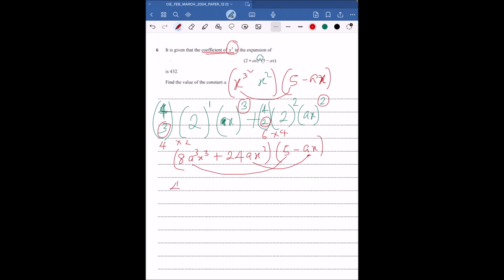So that will be 40a cube x cube minus 24a squared, right? 24a squared is equals to 432.